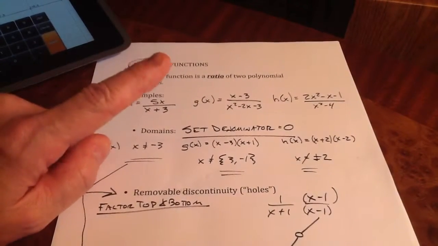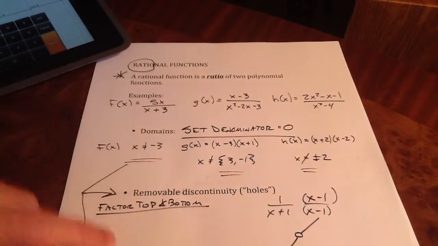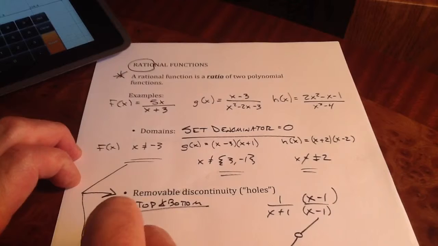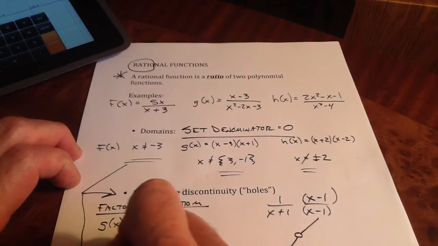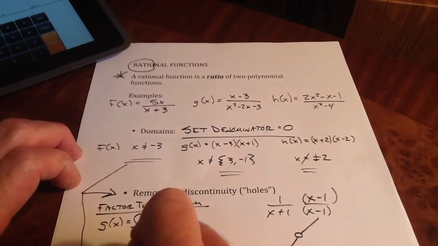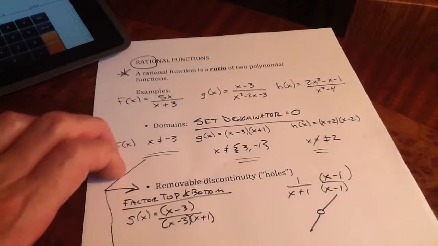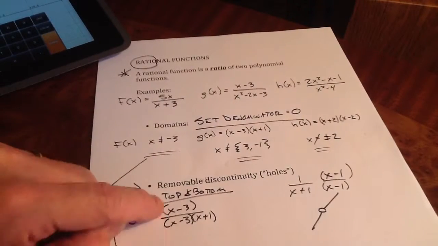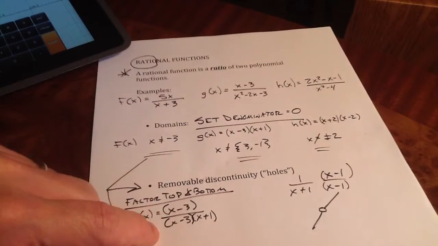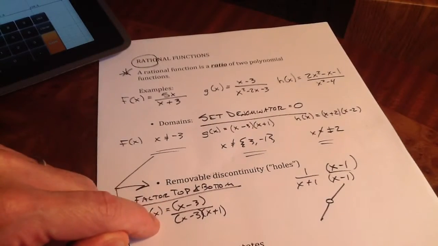There are no holes. In the second case, we're going to have to factor. We already factored the bottom, and so g of x would look like this: x minus 3 over x minus 3 times x plus 1. And you can see basically that x minus 3 is on top and on the bottom, so there'd be a hole at x equals 3.